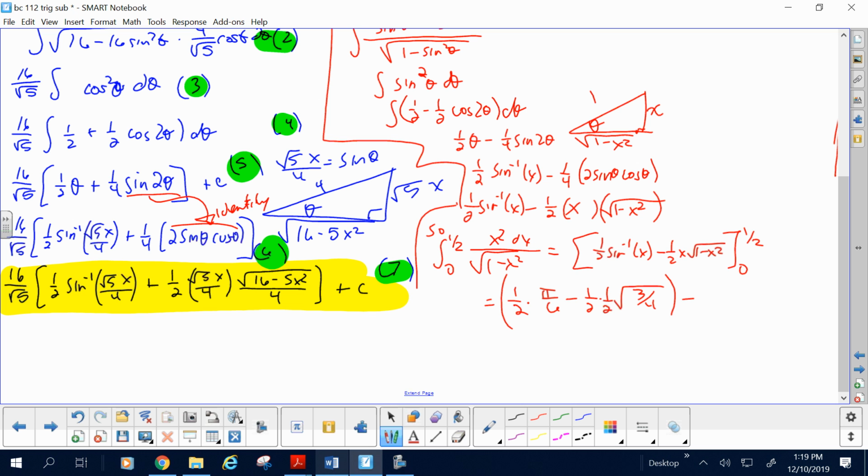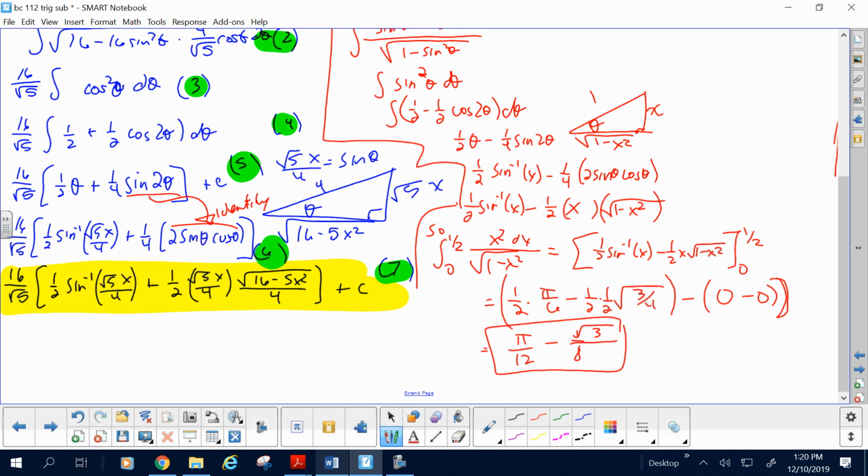Root 3 over 4. Minus, what's arc sine of 0? 0, and the other one is also 0. So we get something like pi over 12 minus 1/8 of root 3. What do you think about them apples?